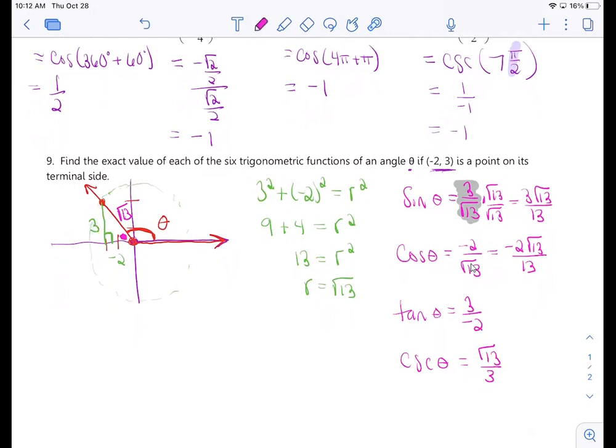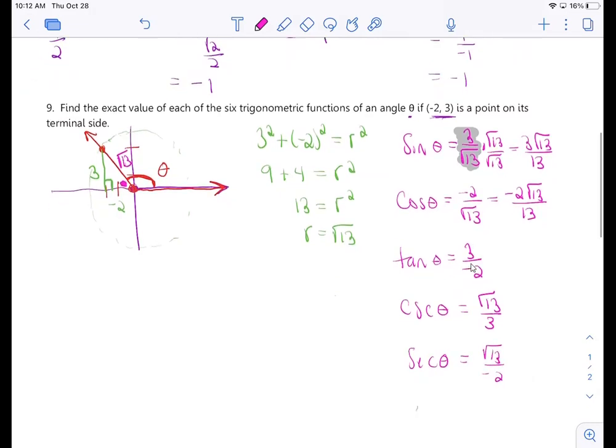Because it's the reciprocal of sine. Then I have secant theta, which is going to be root 13 over negative 2. And then cotangent theta is the reciprocal. You can look at it 2 ways, the reciprocal of this thing, or it's adjacent over opposite.